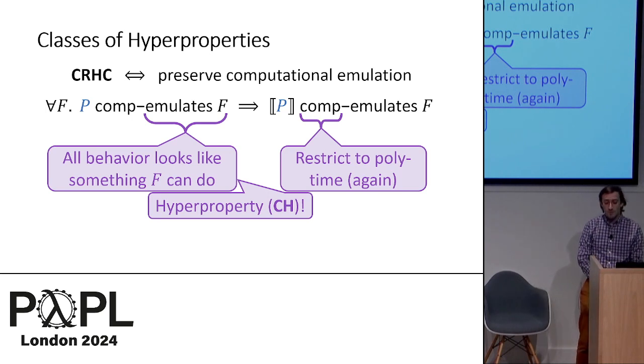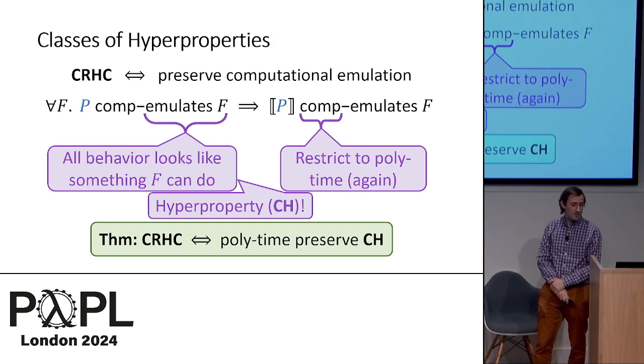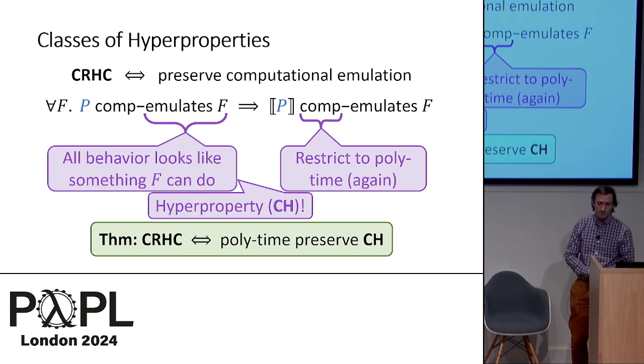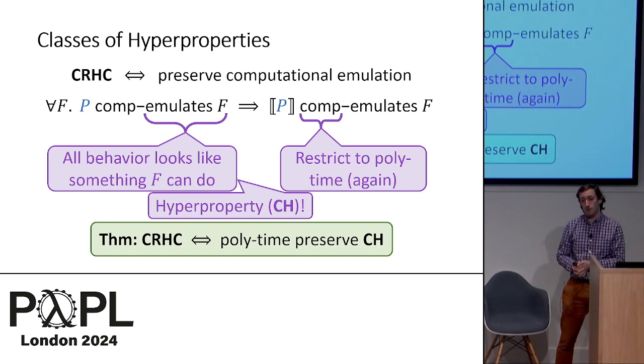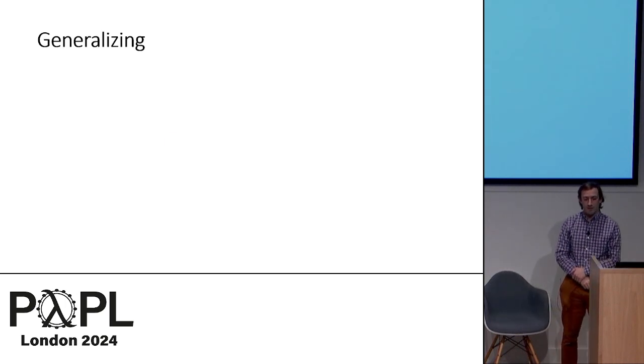But indeed, once we put all of that together, we get exactly what we were looking for, right? This CRHC thing I was talking about earlier is exactly the same as a polytime preservation of emulating every possible functionality.